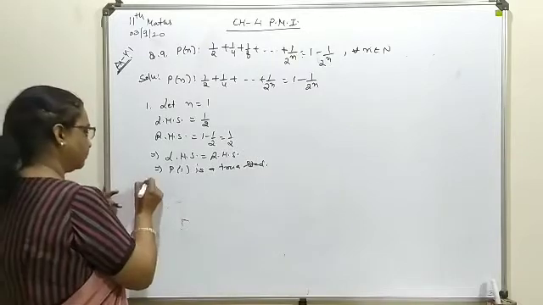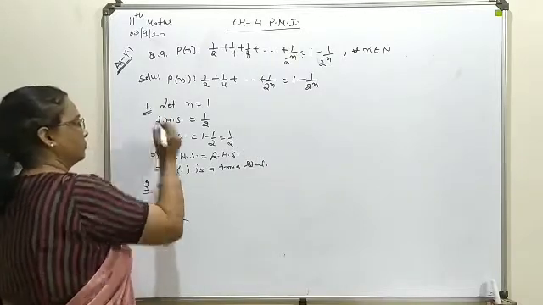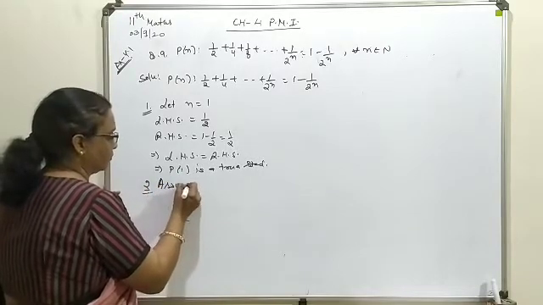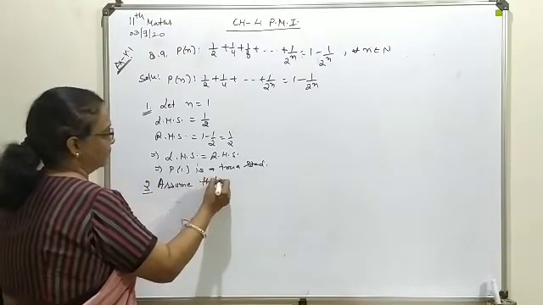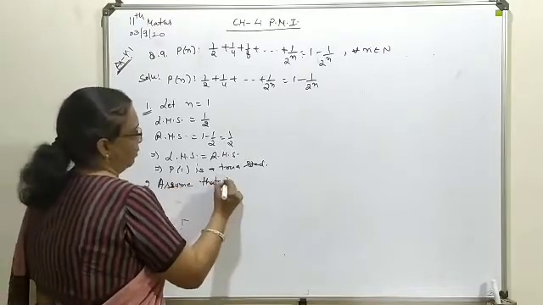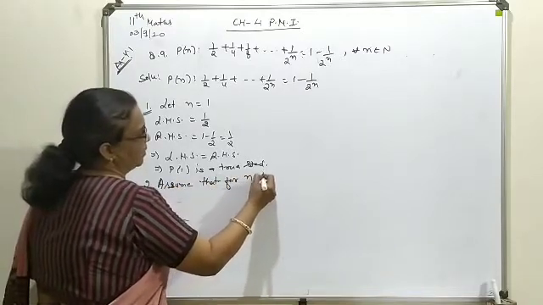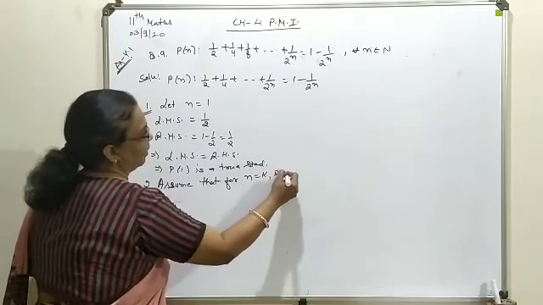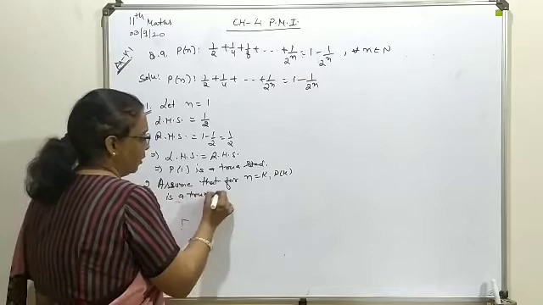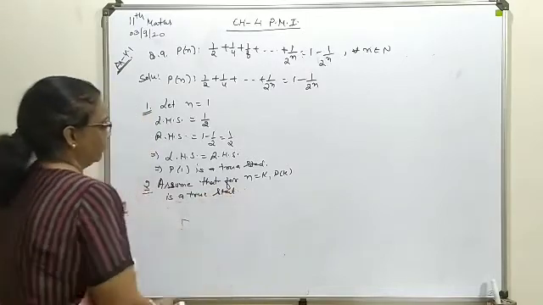Secondly, assume that for n is equal to k, Pk is a true statement.